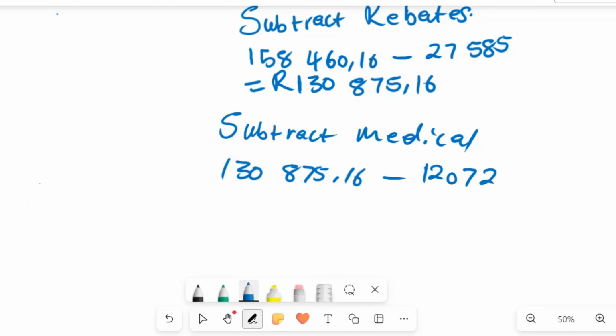And how much will that be? The real tax that she should be paying is 118,803 rands 16.